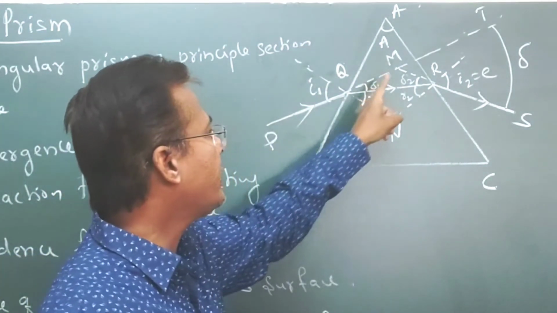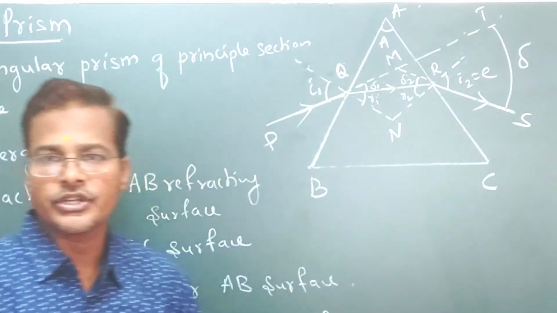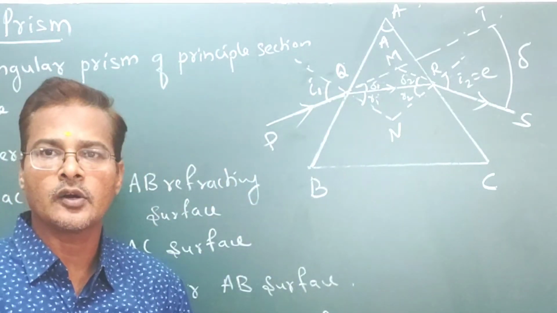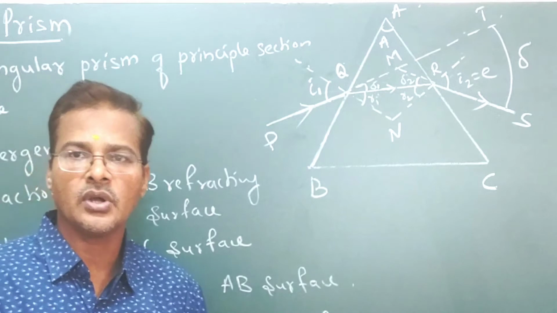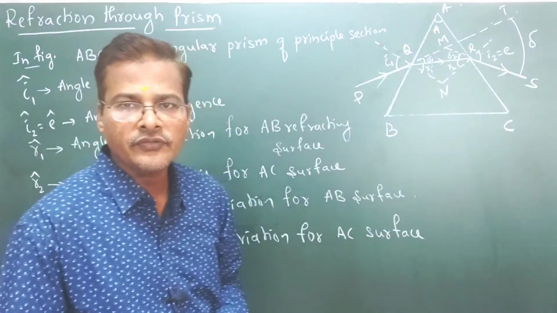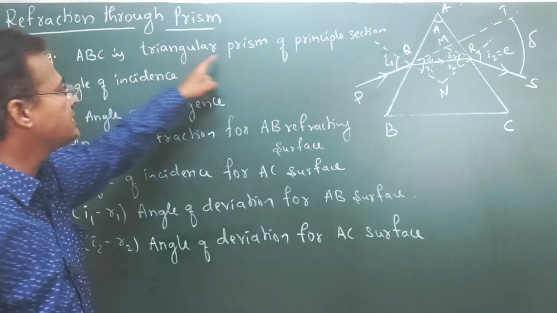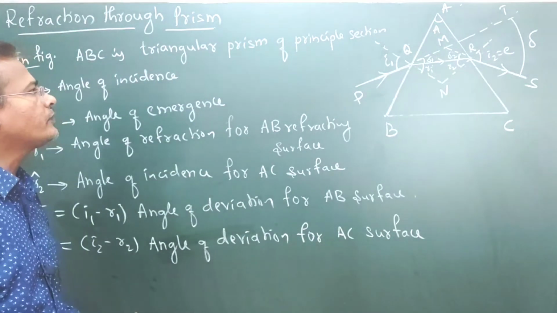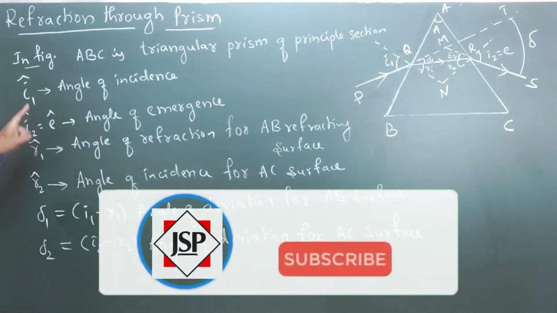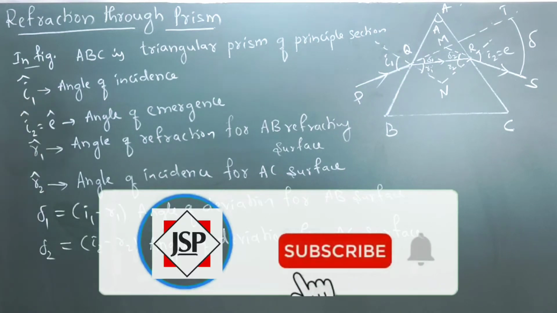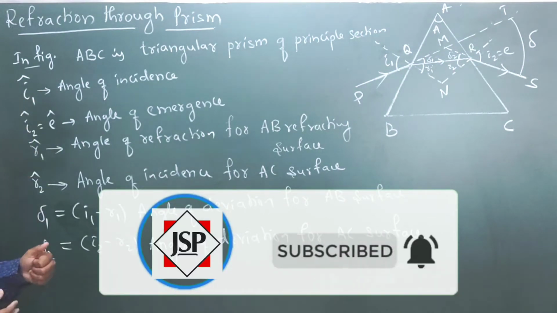So here delta 1 and delta 2 are the angles of deviation. Now we are going to see what we have to write in the figure in the examination. In the figure, ABC is the triangular prism principal section. I1 is the angle of incidence. I2 equal to E is the angle of emergence.